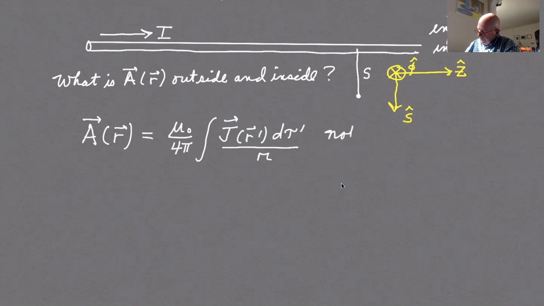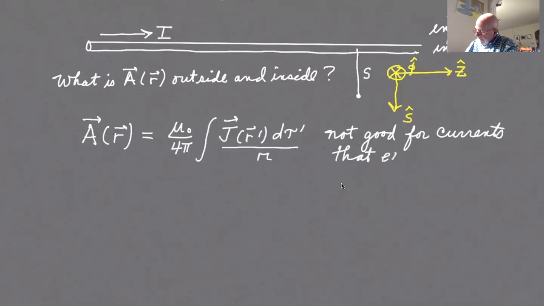Why? Because the integral diverges. This formula is only good when we have currents which go off to 0 as r approaches infinity.